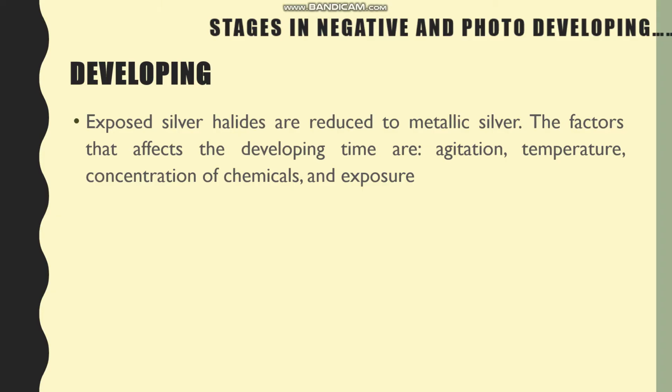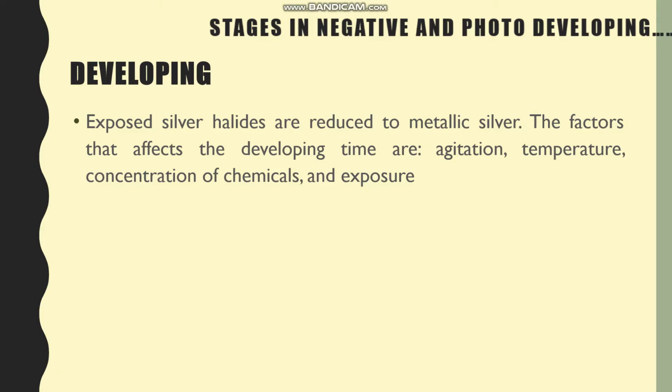Sa unang step, sa unang stage, yun yung gagawin natin or yun yung trabaho ng developing natin. Kailangan nating ma-reduce yung ating silver highlights into metallic silver again para mapalabas natin yung invisible image. And the factors that affect the developing time are the agitation, di ba?